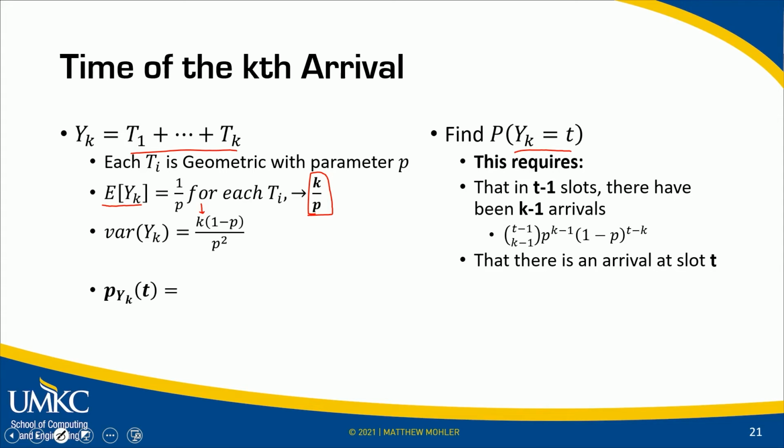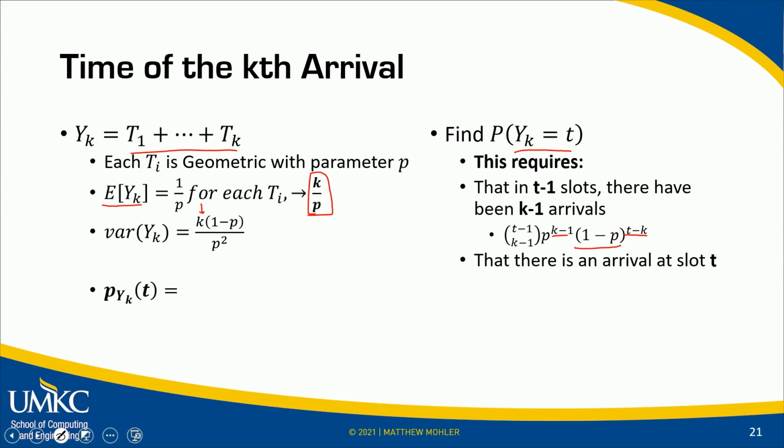And then I would multiply that by the probability of an arrival, p, raised to the k minus 1. And then multiply that by 1 minus p, the probability of a non-arrival, raised to the power of t minus k. Now, from here, the next question we would ask is, what's the probability of an arrival at slot t?